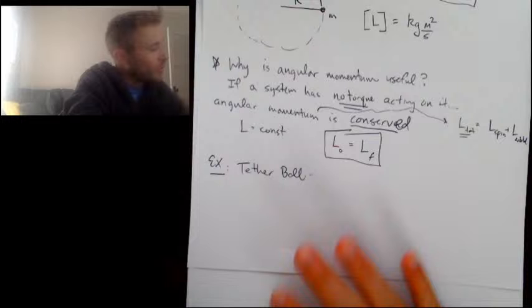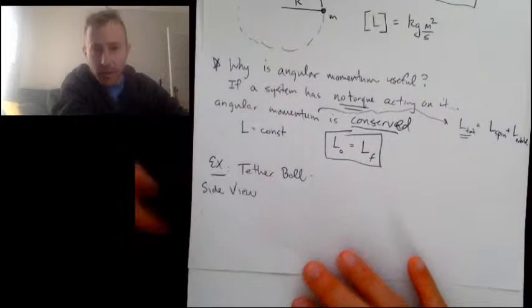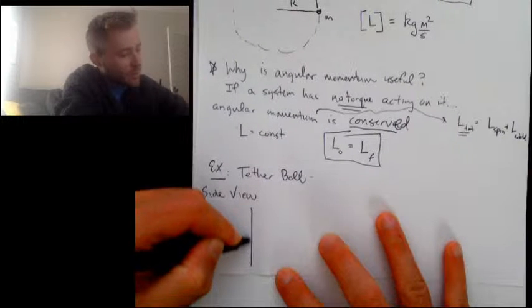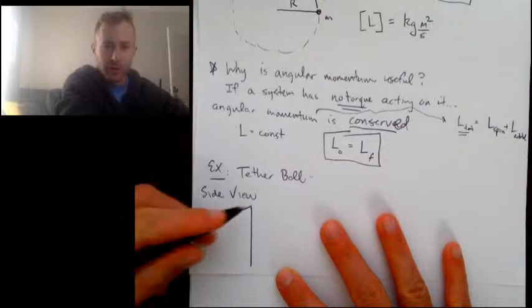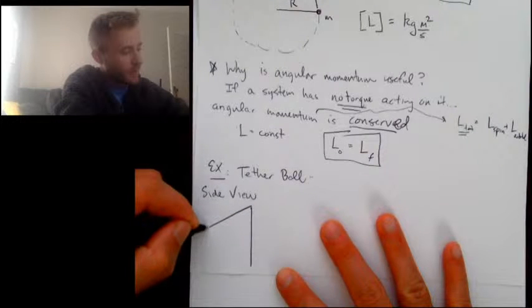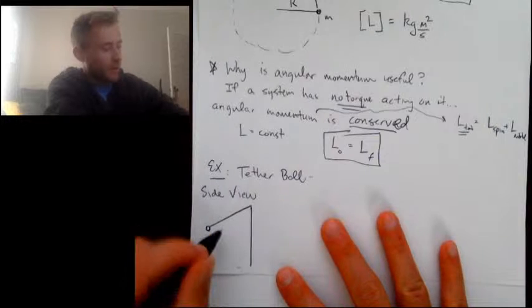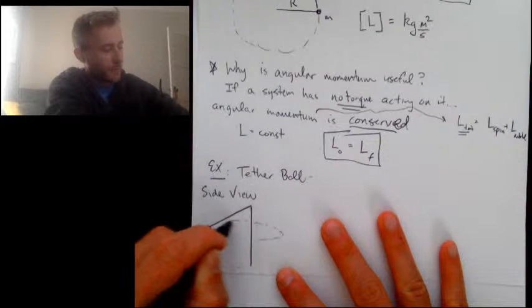So anyways, let's suppose we had a side view of a tetherball game. Okay, so you have a pole. Here's the tetherball pole. And here's the rope. Okay, and then there's the tetherball. And it's going around in a circle like this, around the pole. Okay.